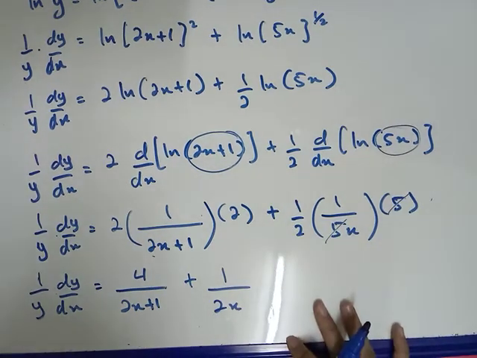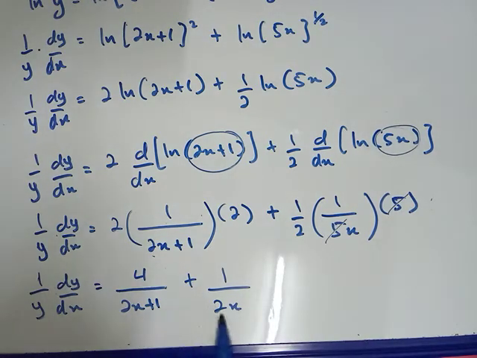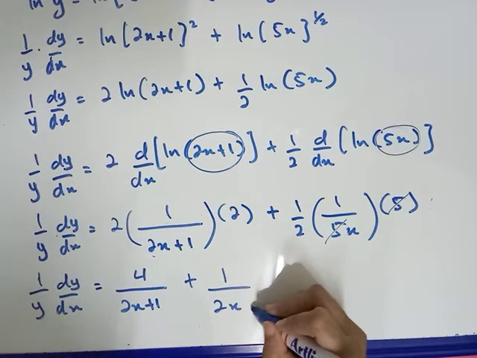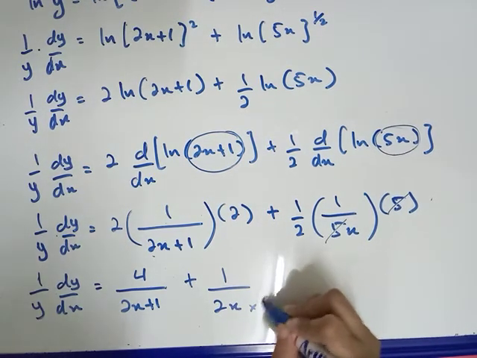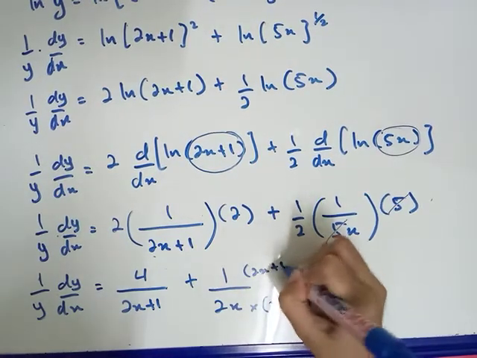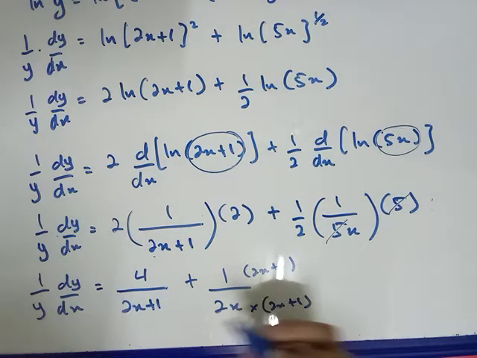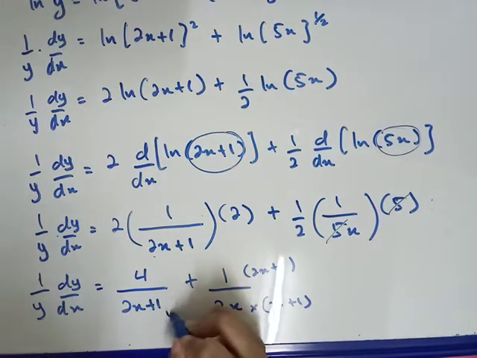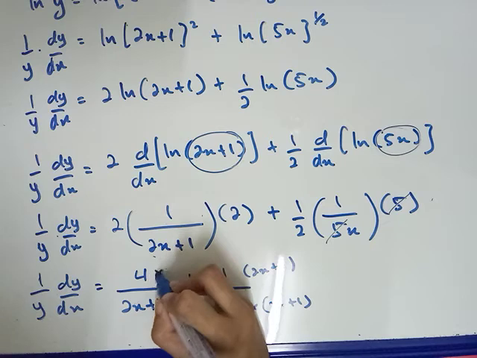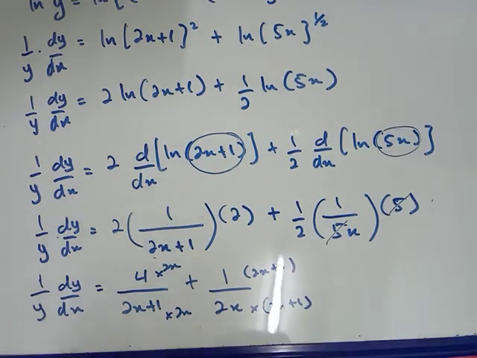And then the next one, you need to samakan pembawah ni, the denominator. That means darab dengan 2x plus 1, atas pun darab dengan 2x plus 1. This one also, nak samakan pembawah, kena darab dengan 2x, top and bottom.